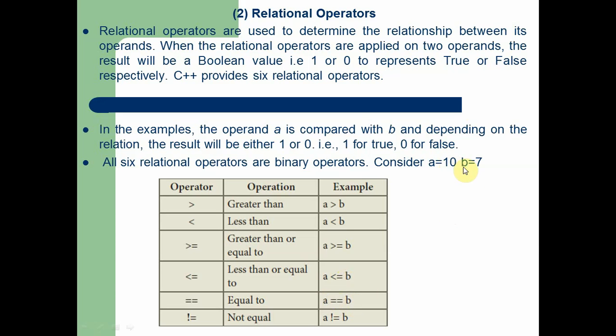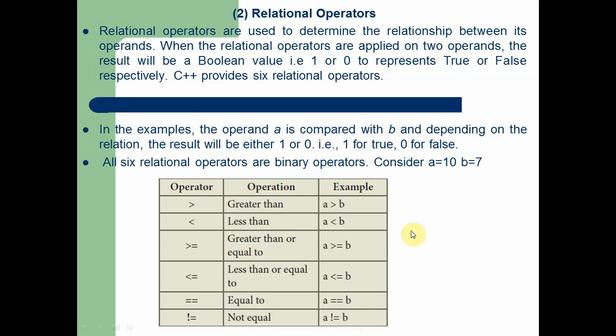But if you take the values 10 and 7, 10 equal to 7, no, the result is false. When you come to a not equal to b, not equal to checks inequality. It means the value of a and the value of b should be different, then only it will return true, otherwise it will return false.